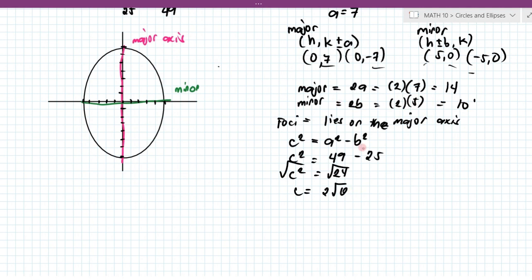And to plot our foci, we'll be using the equation h, k plus minus c, since our major axis lies on the y-plane, same with how we get our major vertices. So 0, 2 square root of 6. The other one is 0, negative 2 square root of 6.